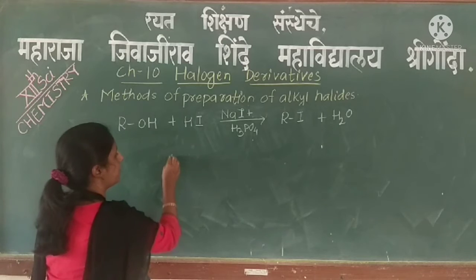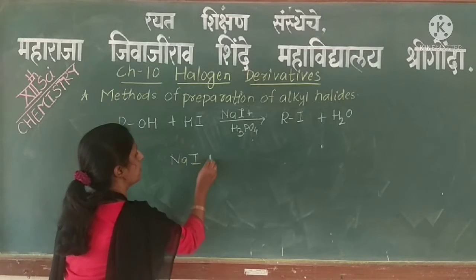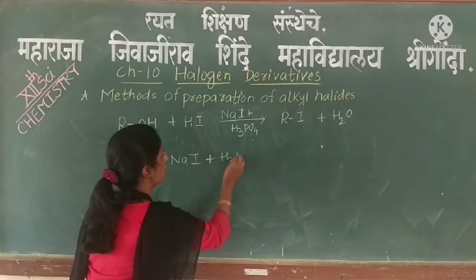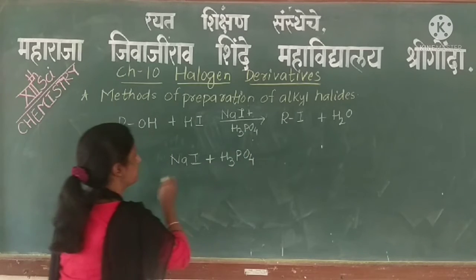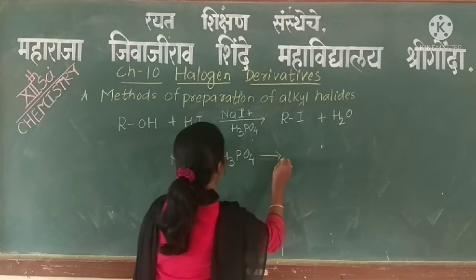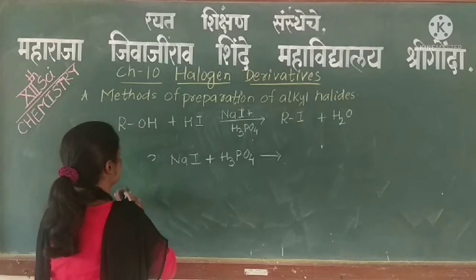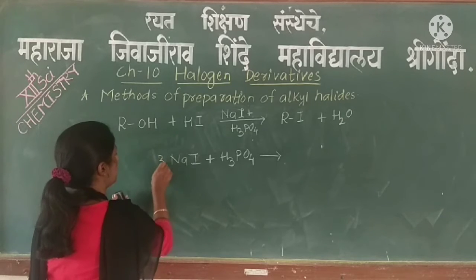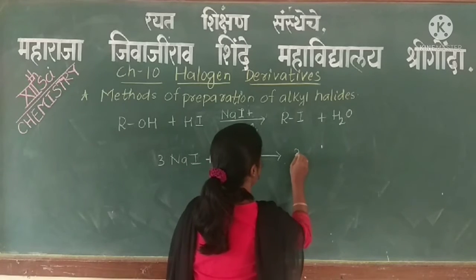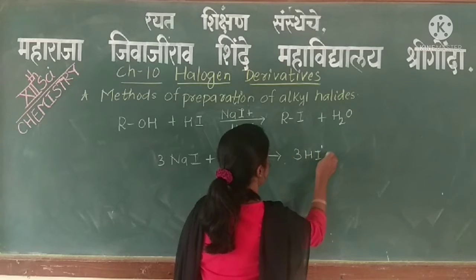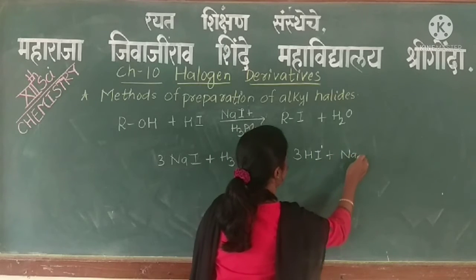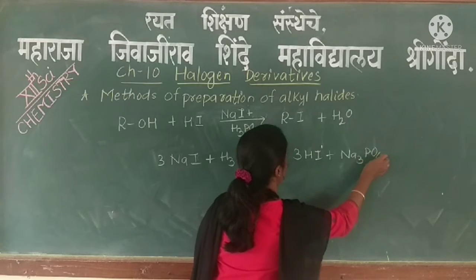Now we have sodium iodide reacting with H3PO4. 3 molecules of sodium iodide give you hydrogen iodide plus Na3PO4.